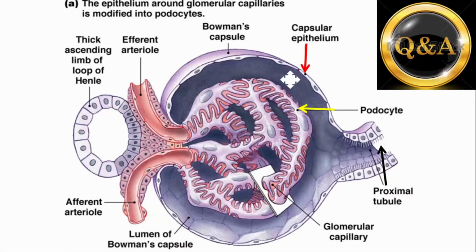This layer, the visceral layer, is made of podocytes, cells with processes, and the renal space, when it collects all the filtered fluid, is going to be connected to the proximal convoluted tubule.